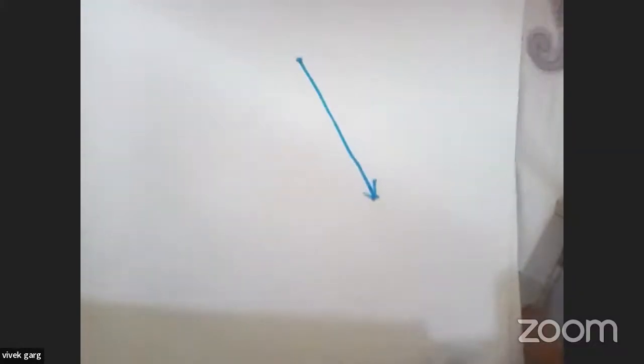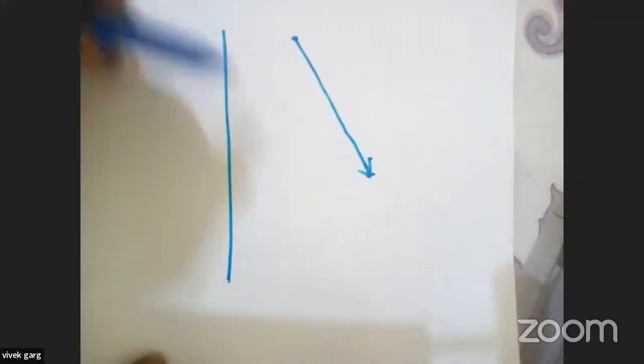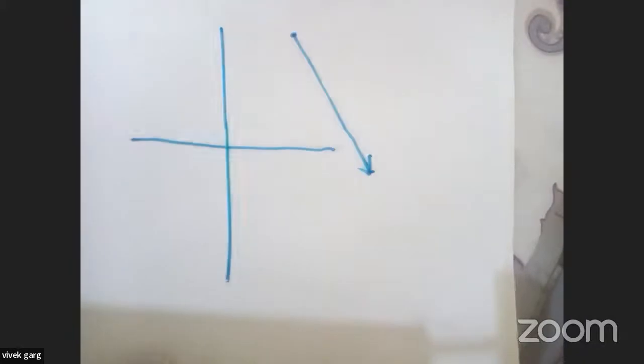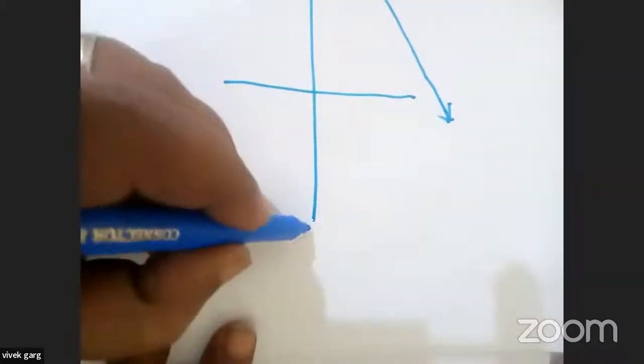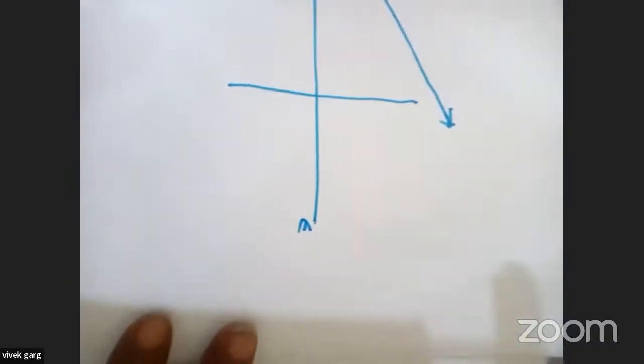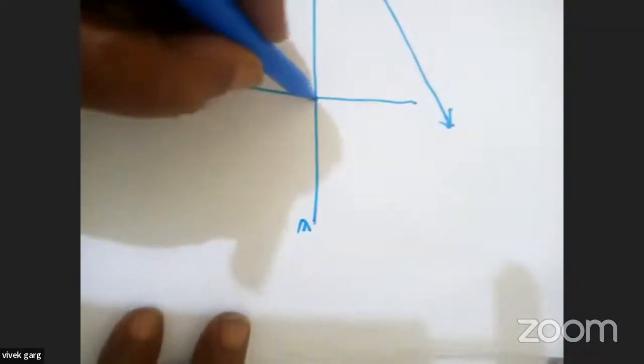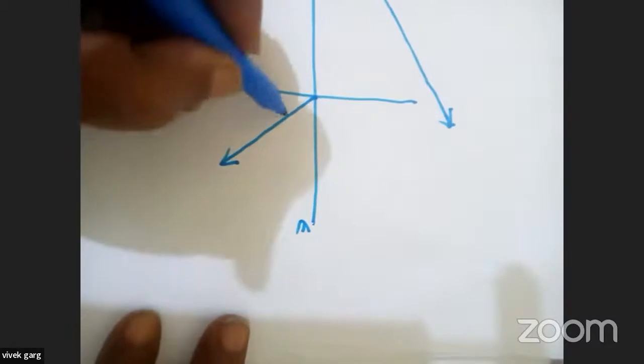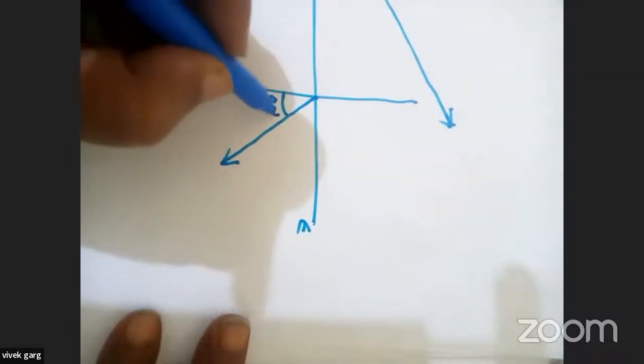Now, when we say directions, people misunderstand. How? For example, let us understand a scenario. Suppose I draw a quadrant system where I say this is east, this is west. And I say that rain is falling in this direction, 45 degrees.